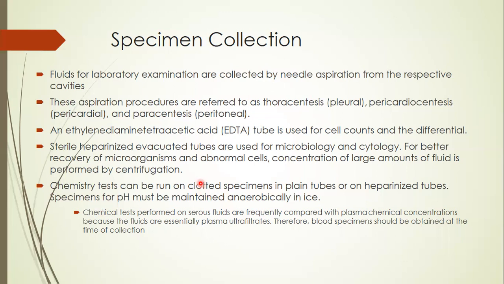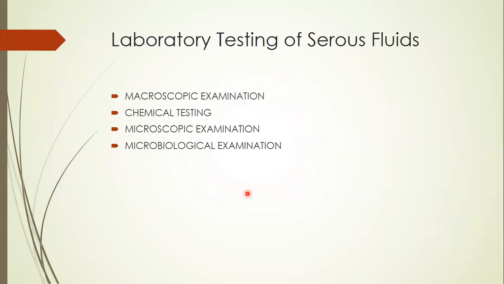So whatever chemistry results you got using the serous fluid is compared to the chemistry test using the blood sample of the patient. So these are the routine laboratory tests done for serous fluids.